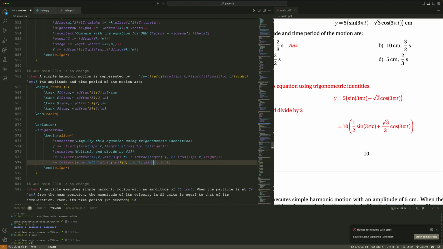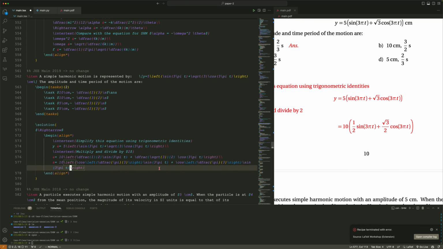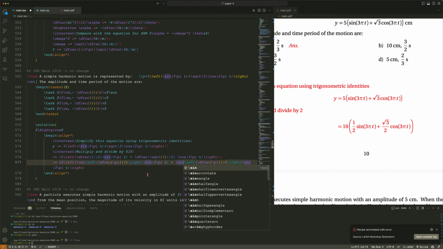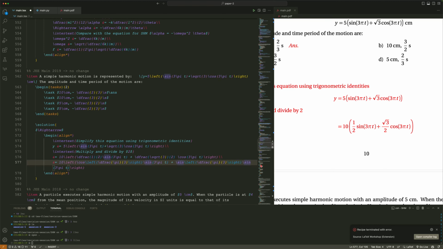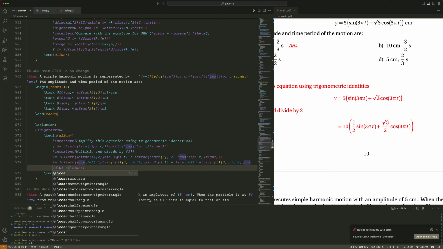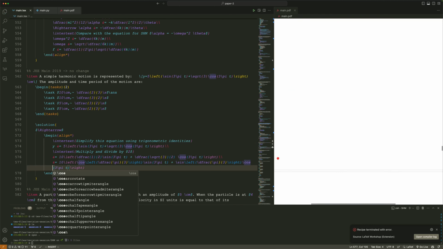Again we can use cos, sine instead of cos. So we just copy this whole part and replace this with sine, and this is also the cos part. Let's run it first and see what happens.